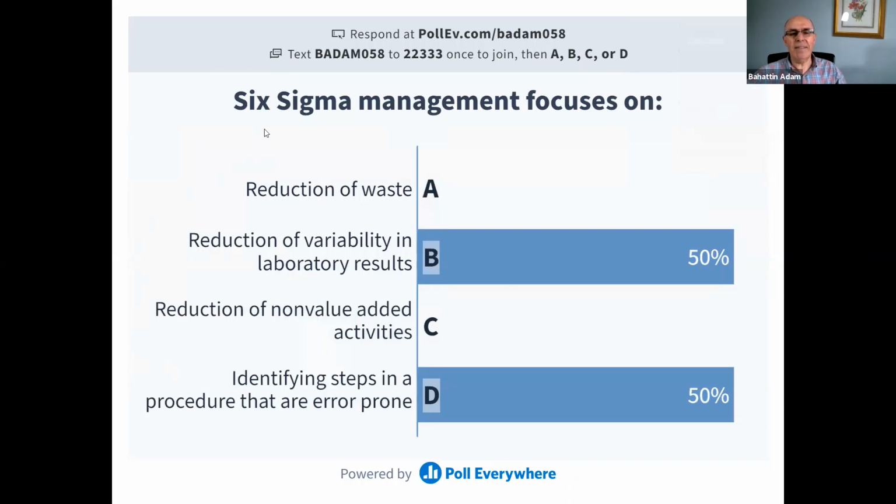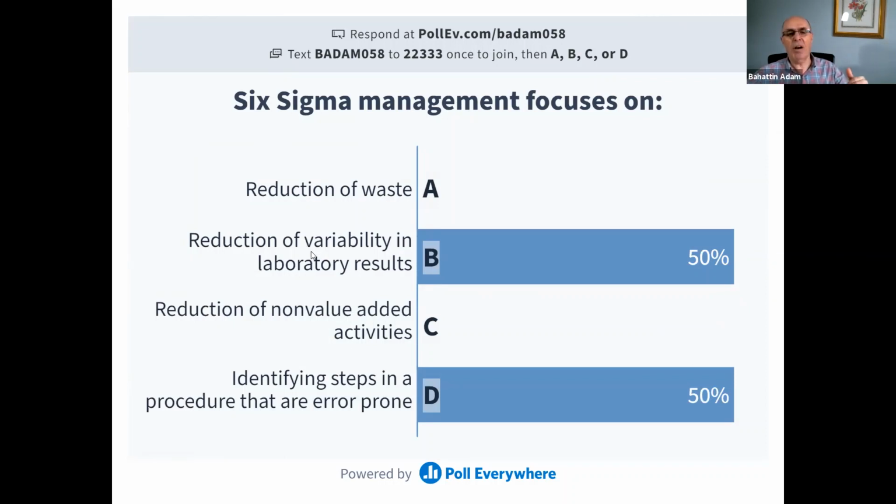Okay, Six Sigma focuses on reduction of variability in the laboratory test results. Okay, B is the correct answer. Reduction of waste is about Lean, okay?